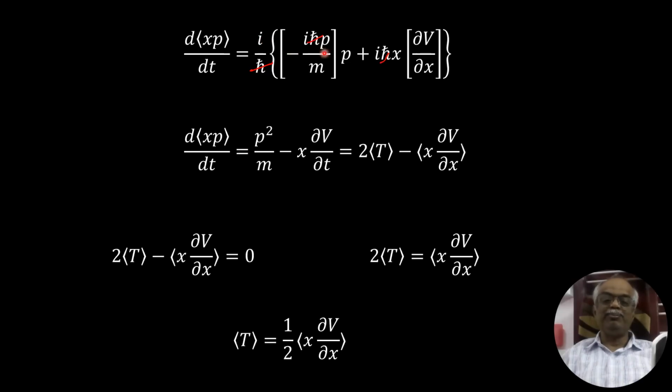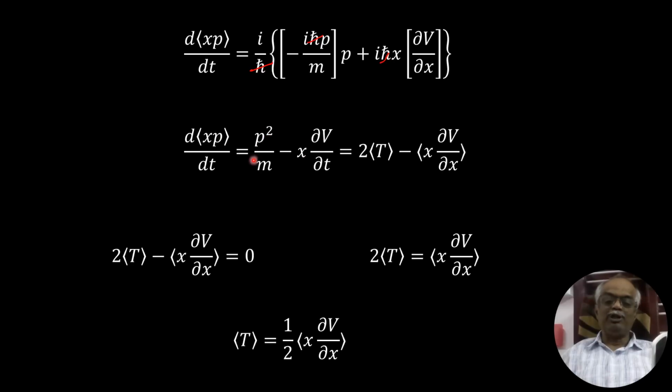This will become simply, here you have one p, here another p, p squared over m you will get. This minus will become plus, of course, I have told. Then here, if you multiply this i and this i, you will get i squared, which is minus 1. So the second term will become minus x ∂V/∂x.